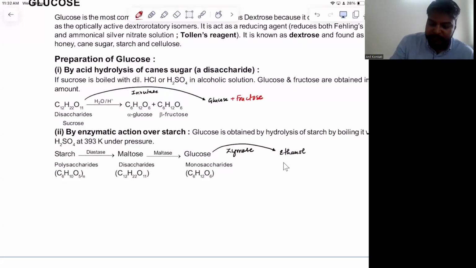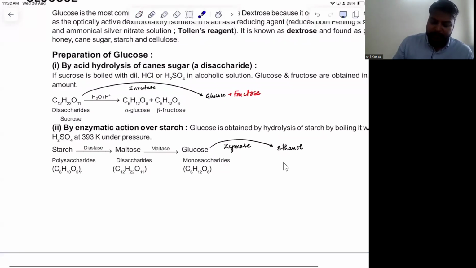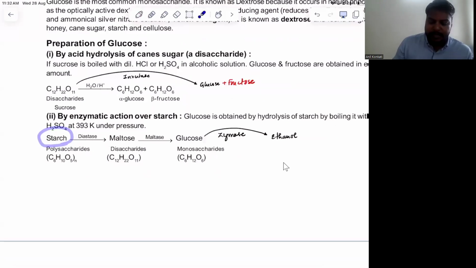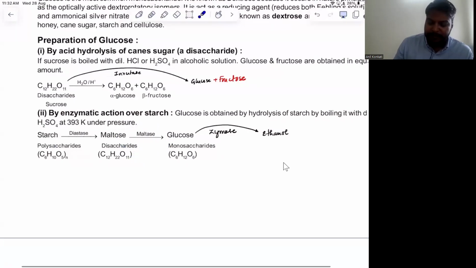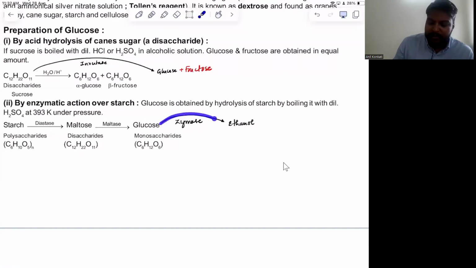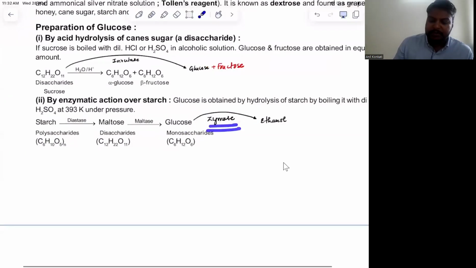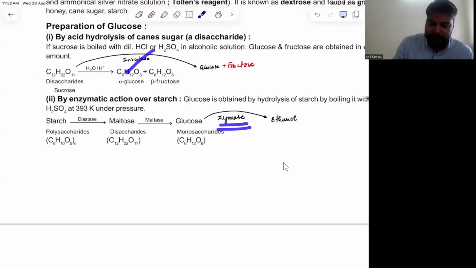And starch can first be converted into maltose using diastase, another enzyme catalyst. And maltose can be converted into glucose using maltase. And glucose can be further converted into ethanol using zymase. So I would request you to remember these: invertase, diastase, maltase, and zymase.